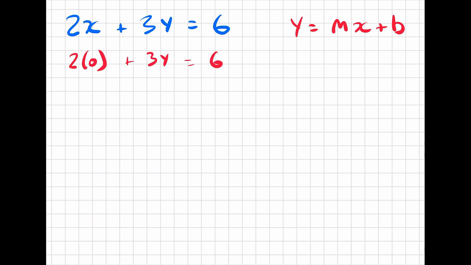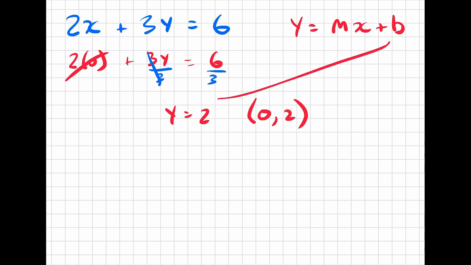Well, 2 times 0 is going to eliminate that. So I'm really down to 3y equals 6. So I would divide by 3 on both sides, and I end up with y equals 2. So that means when x is 0, y is 2. That will be our y-intercept, which will again be this b value in the slope-intercept form of this equation.